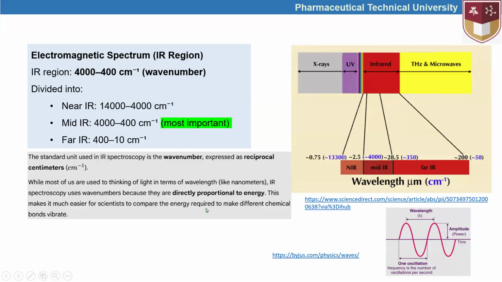The smaller the wavelength, the higher the energy; the higher the frequency, the higher the energy. Let me remind you that these pointers are used to describe the wavelength, and these points are used to describe the frequency of the number.